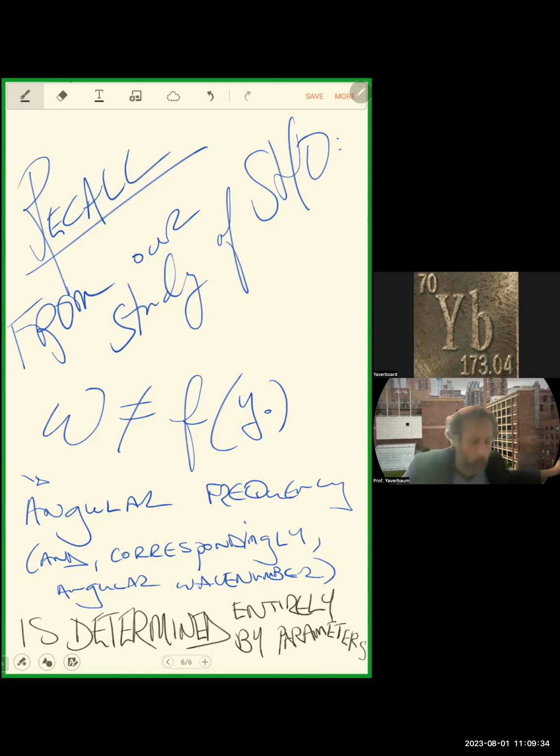Omega, remember, was square root of K over M for a mass on a spring, or it was square root of G over L for a pendulum. It's whatever it is that has nothing to do with how you set up the thing. It just has to do with the ingredients of the thing itself, parameters, constant material properties of, in this case, the medium.